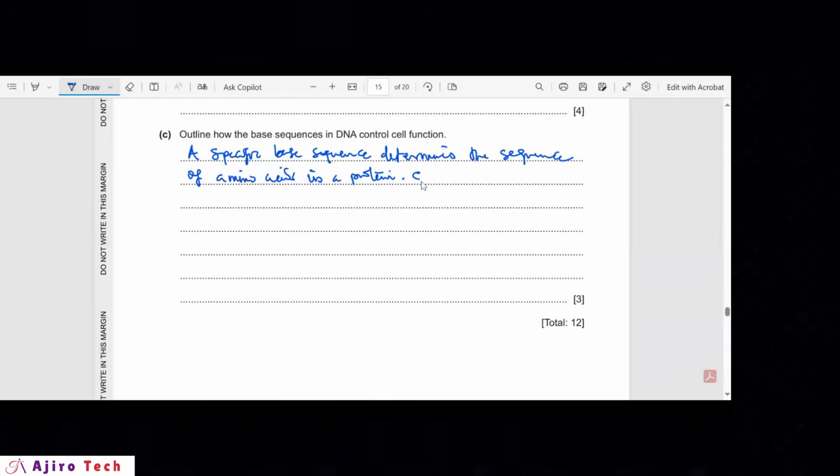So it's a specific base sequence that produces protein. It's a gene, right?